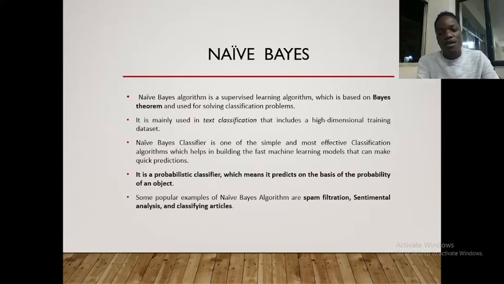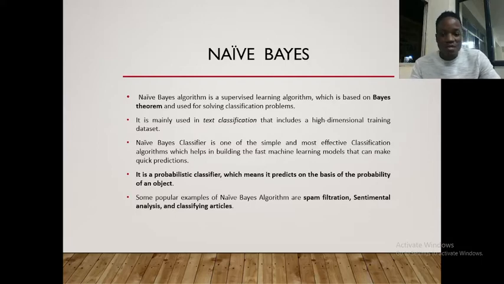Naive Bayes algorithm is a supervised learning algorithm which is based on Bayes' theorem and used for solving classification problems. It's mainly used in text classification that includes a high-dimensional training dataset. Naive Bayes classifier is one of the simplest and most effective classification algorithms, which helps in building fast machine learning models that can make quick predictions.